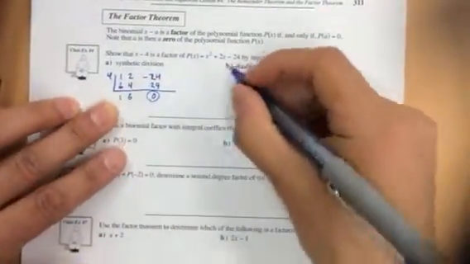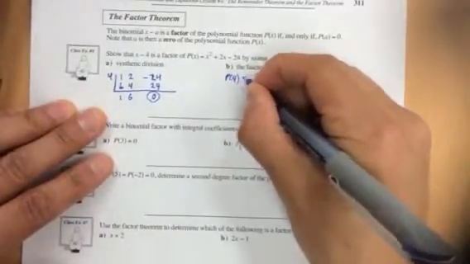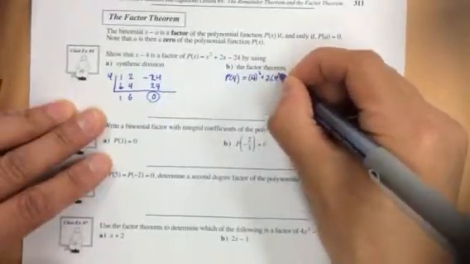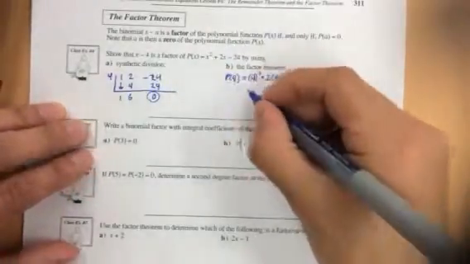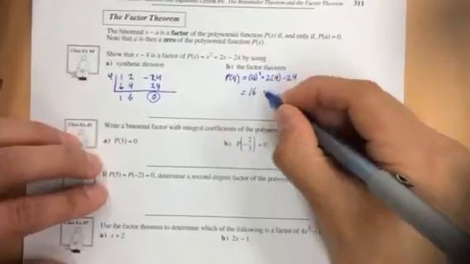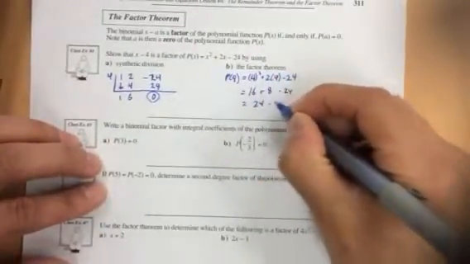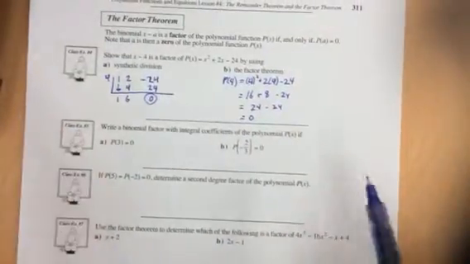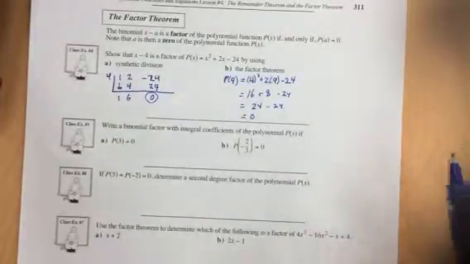And we can find the same thing if we're looking for p of 4. We'll plug that in. 4 squared plus 2 times 4 minus 24. So hopefully this is going to give us an expression that equals 0. So 16 plus 8 minus 24 is equal to 24 minus 24 is equal to 0. All right, and yeah, that's pretty much the factor theorem.